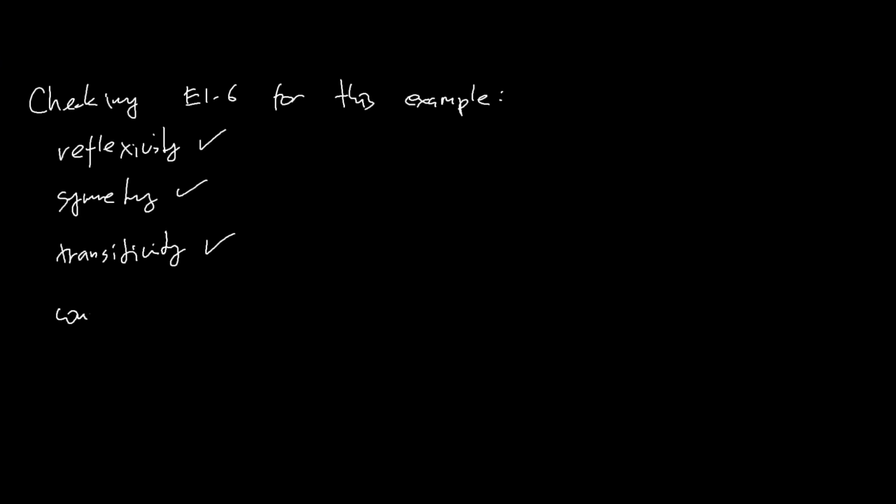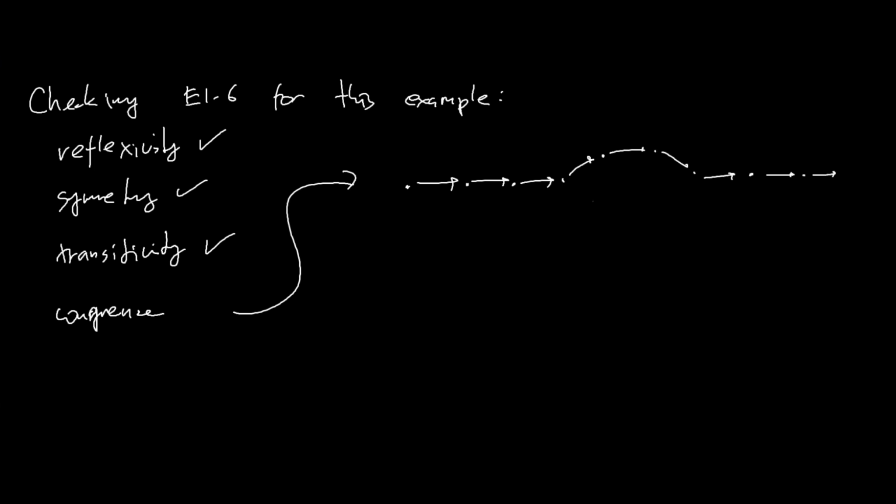Now, what about congruence? The picture for congruence is the following, right? This is our unique object, and then there is some intermediate path here, and then it continues on. And here I have another intermediate path. Because in this example, equivalence of paths is determined by the length of the path, and in this specific picture these lengths are as we see them.